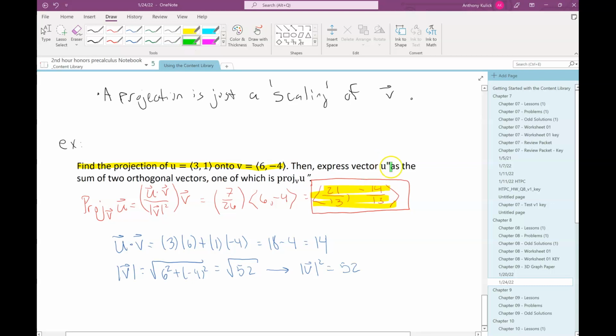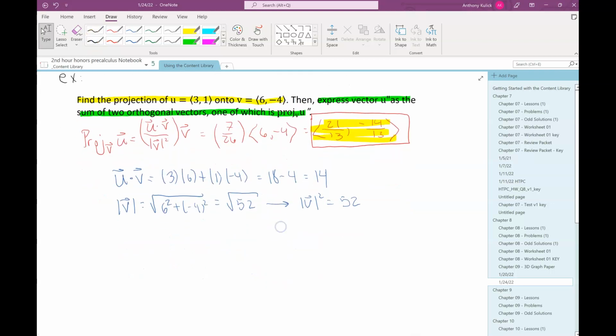What we still need to do, though, is to do that, right? We still have one more part of the question. So what I'd like to draw back on is this picture that we drew earlier.